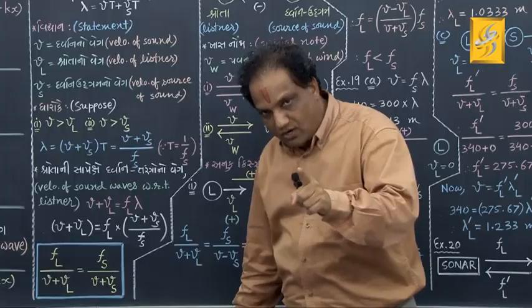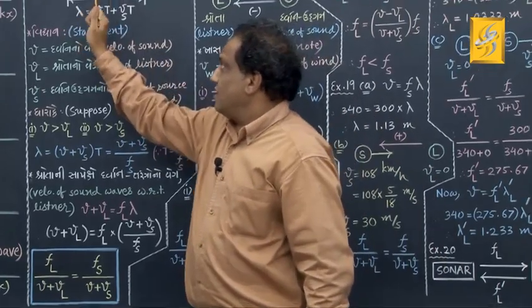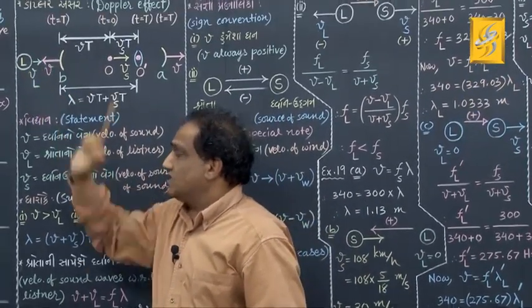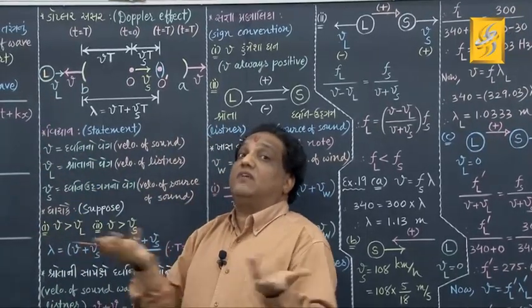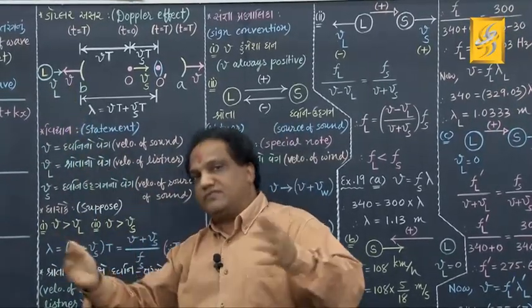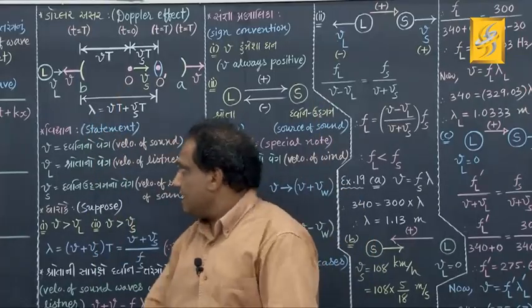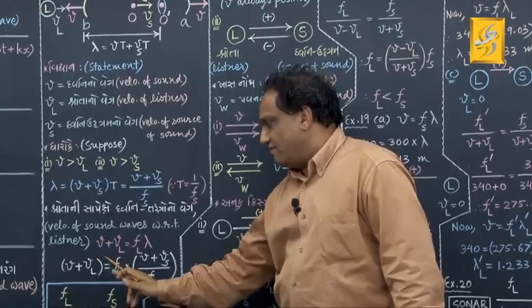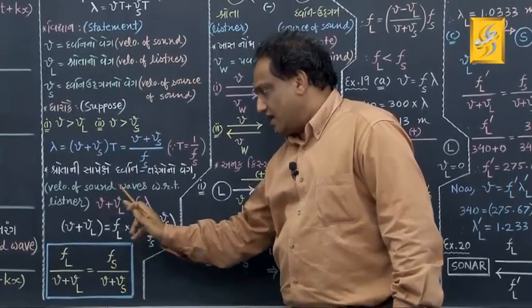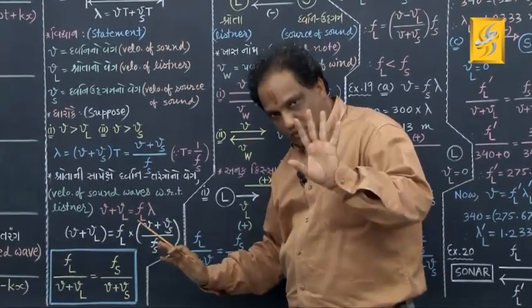And now let us find out the velocity of these sound waves propagating towards this listener. With respect to the listener, what is the relative velocity of sound waves? Let us find out, okay? Now in the textbook, they have written directly that the relative velocity will be V plus VL. But how it is V plus VL, I am showing you.